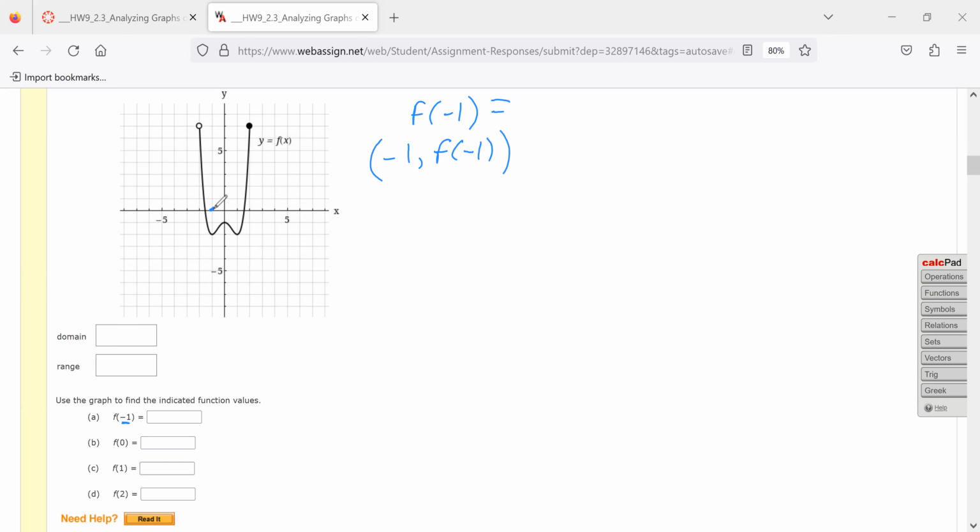What is the y value that is associated with this x here? -2. Yeah, so this is -1, -2. So that would be f of -1 is equal to -2. Okay, does that make sense?